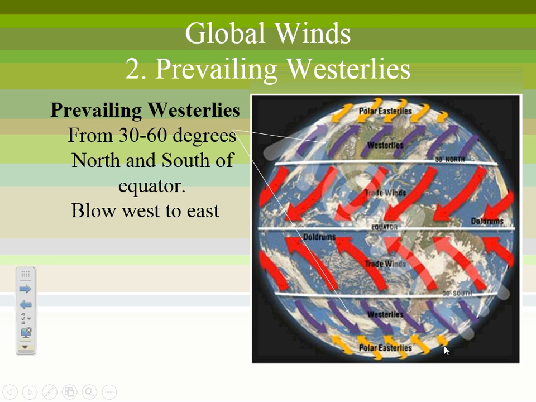The prevailing westerlies are occurring at both 30 degrees to 60 degrees north and south of the equator. And again, we name the winds from the direction that they're coming from. So storms, winds, all of those pressure systems are moving across our country from the west to the east.